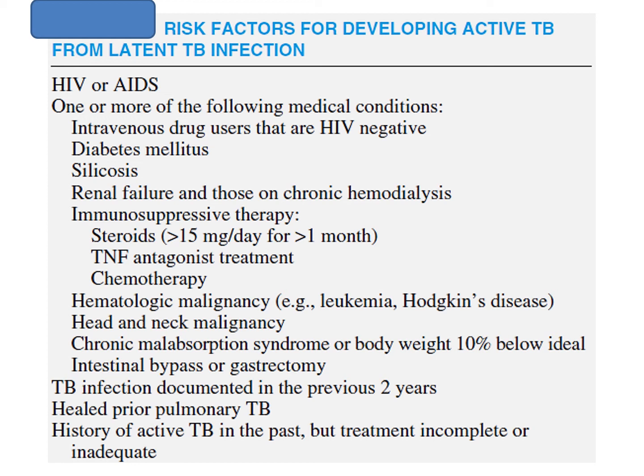These are the conditions which debilitate, which weaken, which decrease immunity: intravenous drug users that are HIV negative, diabetes mellitus, silicosis, renal failure and those on chronic hemodialysis, immunosuppressive therapy with steroids, TNF antagonist treatment, chemotherapy, hematologic malignancy, head and neck malignancy, chronic malabsorption syndrome, intestinal bypass or gastrectomy.